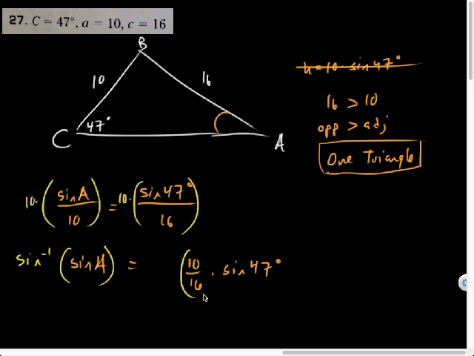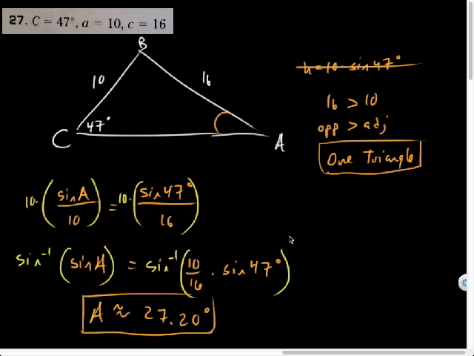The only way to get rid of a sine. So I'm going to get angle A is approximately the sine inverse of 10/16 multiplied by the sine of 47, close parentheses, and I get 27.120 degrees, if I round.